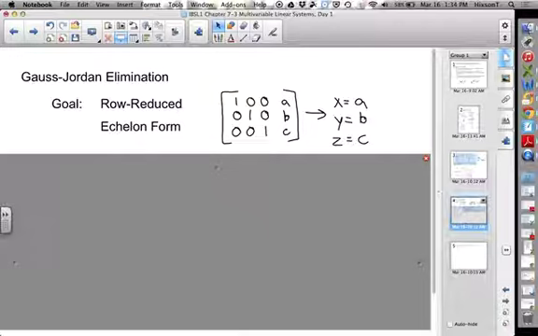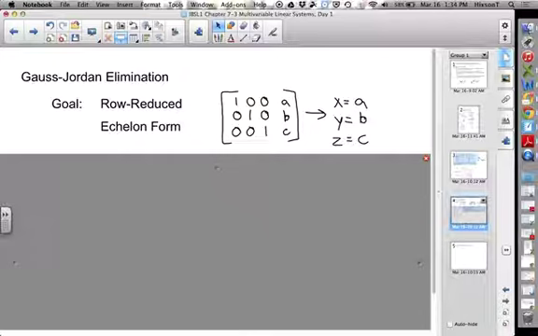And then 0, 1, 0, and then some number. And 0, 0, 1, and then some number. And once we got it here, then we could say, oh, x equals whatever a is, y equals whatever b is, z equals whatever that number c is. That's our goal. Why is that our goal? Because that'll tell us exactly what these answers are.